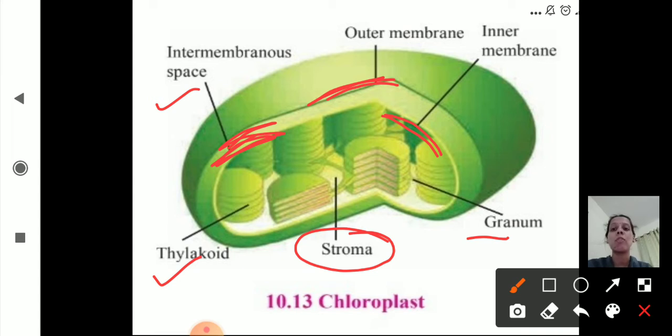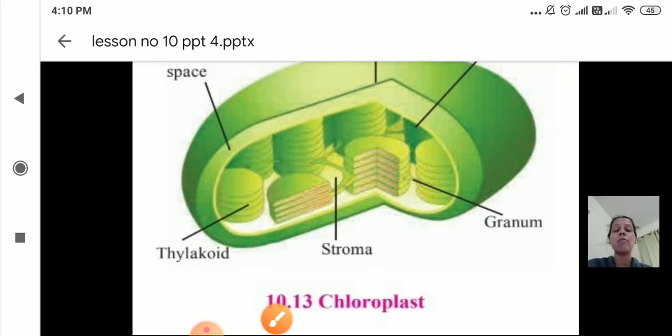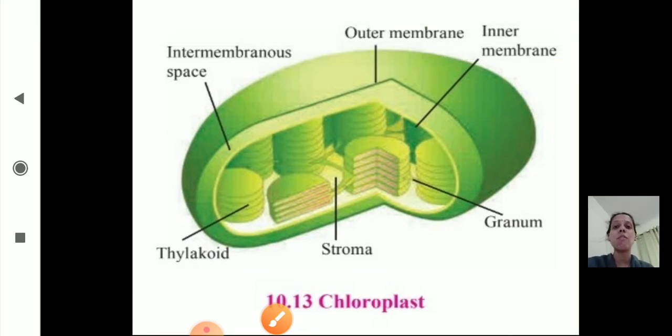So this is the structure of chloroplast. So till now we have seen the structure and functions of plastids and chloroplast.